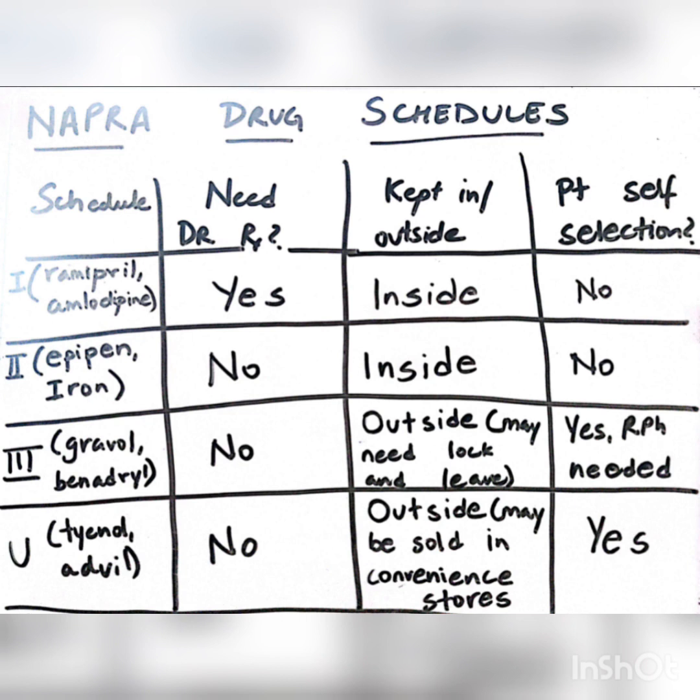Schedule 3 medications such as Gravol and Benadryl do not need a prescription from the doctor. They're usually kept outside. If there's a small community pharmacy where the store closes at the same time as the pharmacy, at that point in time you do not need lock and leave shelves like the image that I showed you before, because the pharmacy closes at the same time as the store and the patients do not have access to those medications.